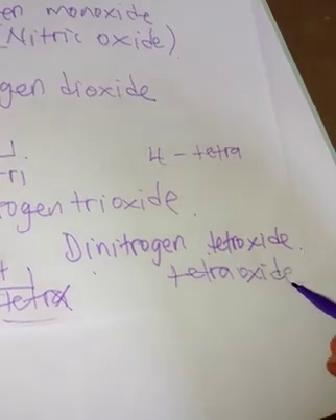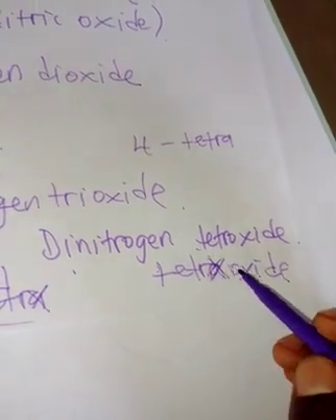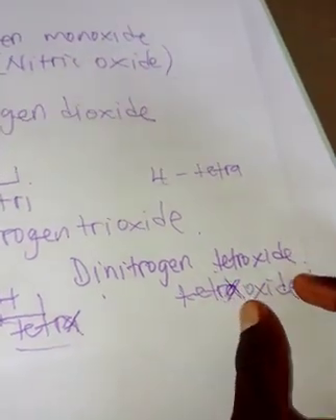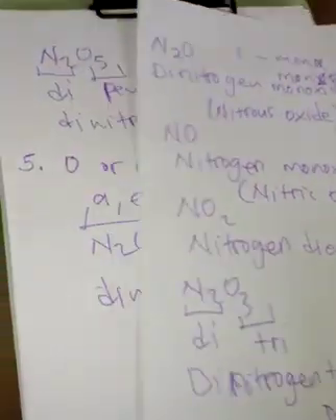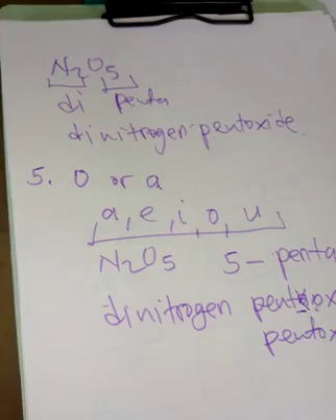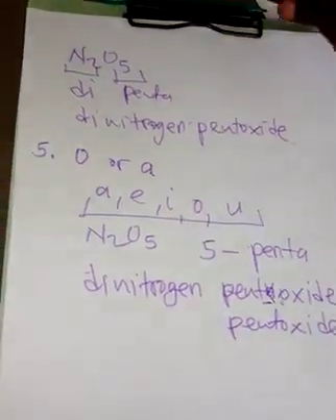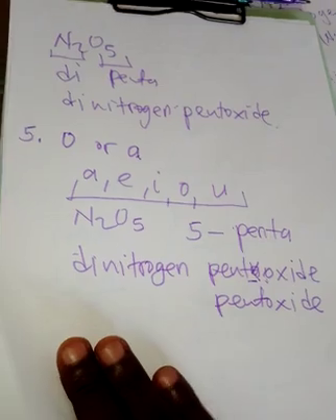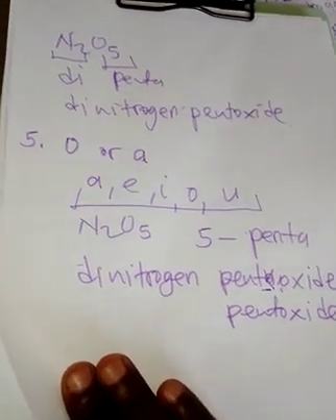So these are just some simple rules we follow. If the element that follows starts with a vowel, you get rid of the final A or O of the prefix. We often do that to avoid awkward names. Okay, hope you have gotten the concept there.